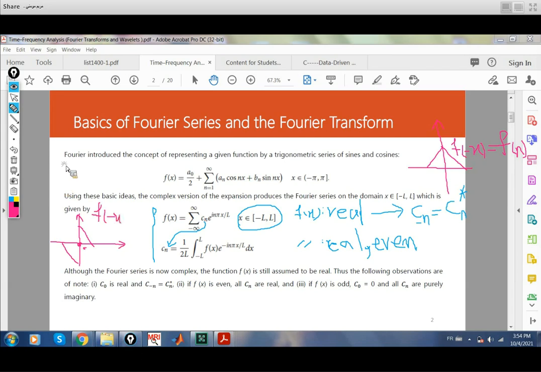Then this function is odd, and this function is even. Okay?